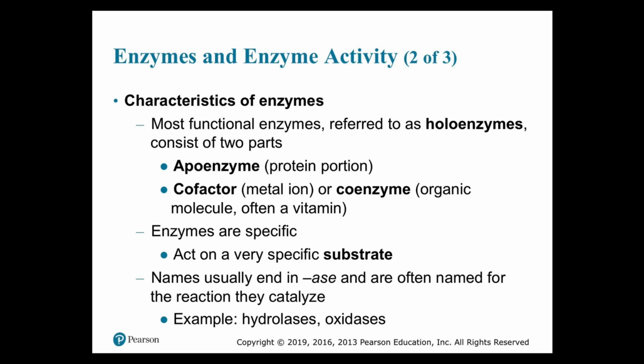Another characteristic of enzymes is that they're very specific. They only act on a very specific substrate. For example, lactase is going to act specifically on lactose, or sucrase is going to act on sucrose.